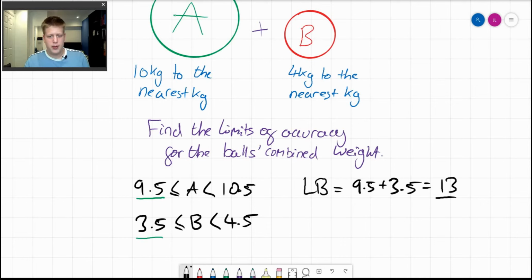That's our lower bound. How about the upper bound? Well, it's very similar. If we want to add two weights together to get the biggest weight possible, we want to take the upper bound of each ball, because that will give us the greatest weight possible. So we'll have 10.5 and we'll add on 4.5, and that will give us 15. And so here are our lower bounds and upper bounds.